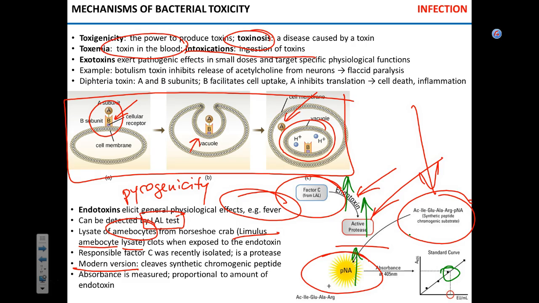Okay, what you have to know: the terms, these ones, and the basic mechanics of the LAL test. That endotoxin activates the protease from the horseshoe crab, which then produces the color reaction.